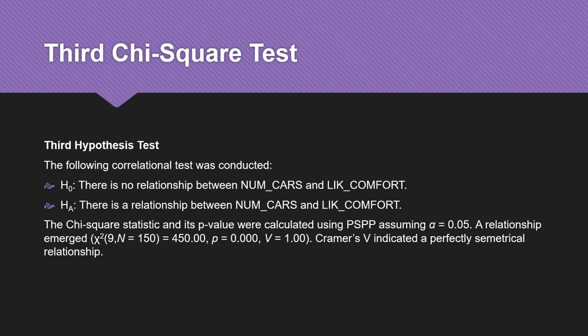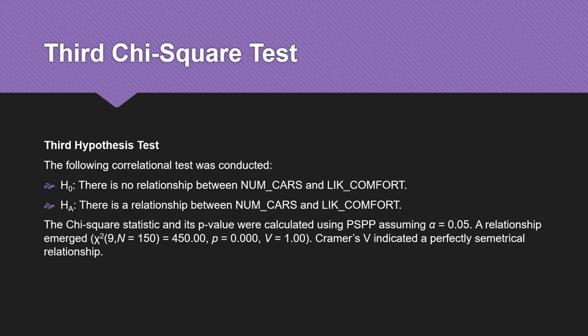After running the chi-square test using the PSPP software, a relationship did emerge. In this case, there were 9 degrees of freedom, the same sample size, and our chi-square value ended up being 450, with a p of 0.